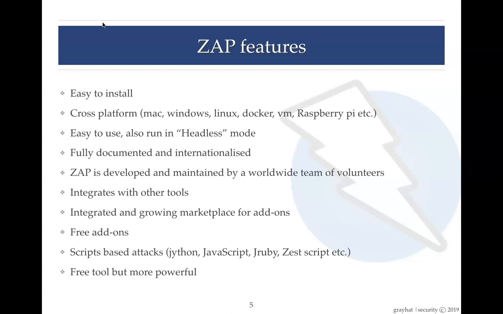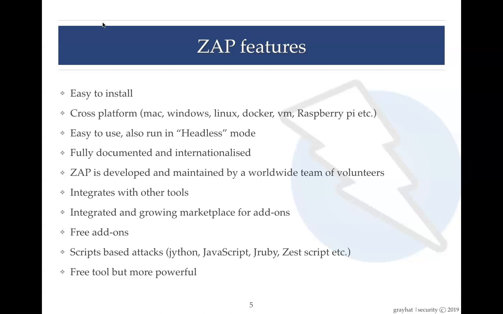ZAP is developed and maintained by a worldwide team of volunteers and integrates with other tools as well. What that means is that you can use the SQLmap tool, passing everything going through the web applications to SQLmap, which will take it and transfer its power to SQLmap in order to leverage other vulnerabilities like SQL injection on the web pages or web applications.